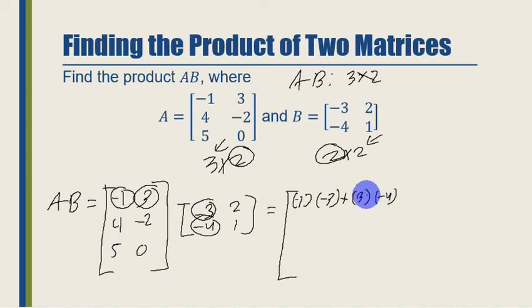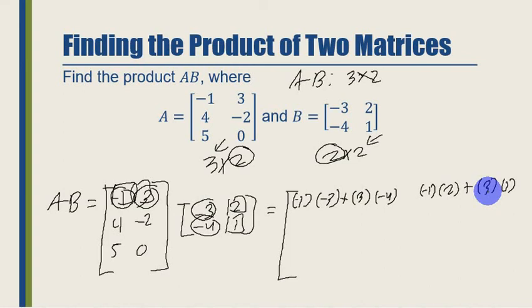So the first entry is the sum of the products of the entries of the first row and the first column. While the second entry, on the first row, second column, would be the sum of the products of the first row and the second column. So this entry here would be, I'll box it, -1 times 2 plus 3 times 1.